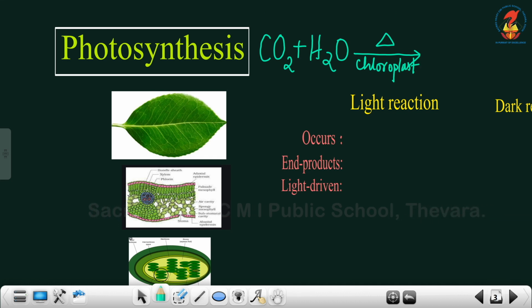And the end products of photosynthesis are glucose and oxygen.